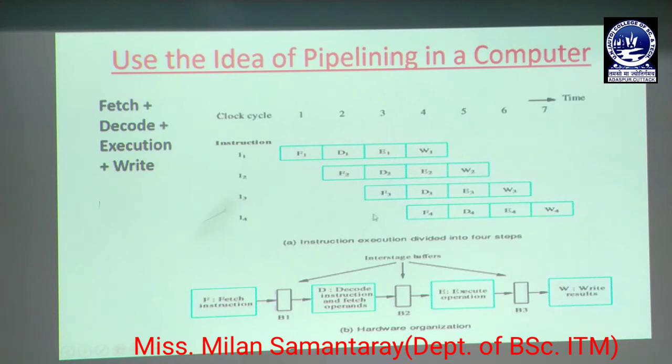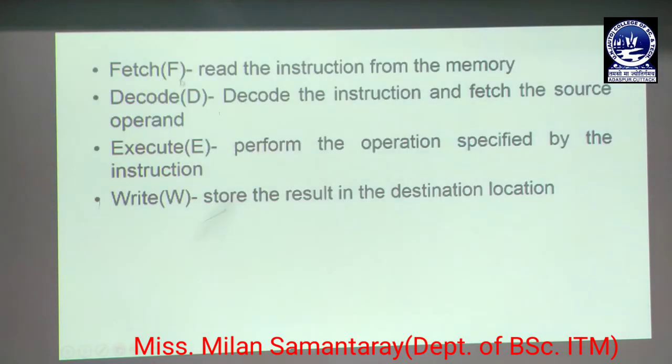And next, let us see what the work of these stages is. In the fetch stage the instruction is read from the memory, and in the decode phase the instructions are decoded and then the source operands are fetched, because after decoding, the source operands may be in the main memory, or fortunately we are using the cache memory.